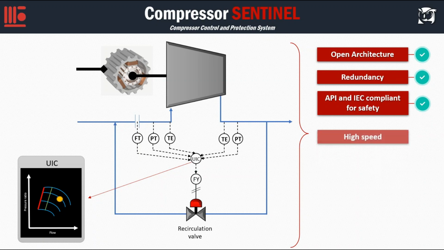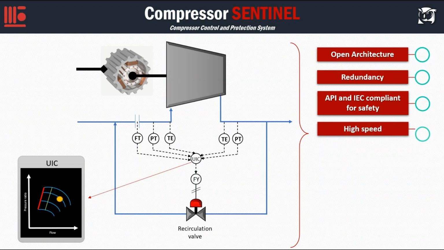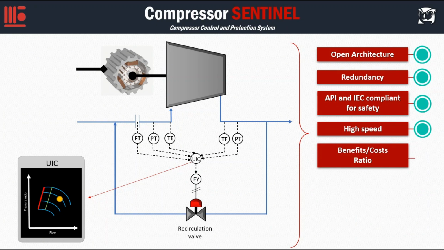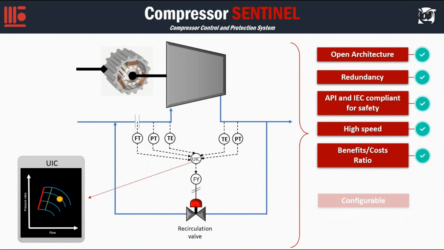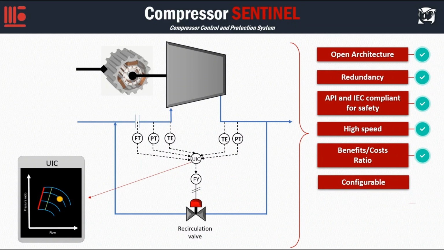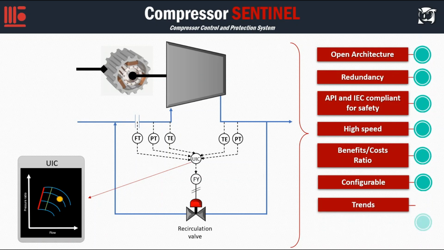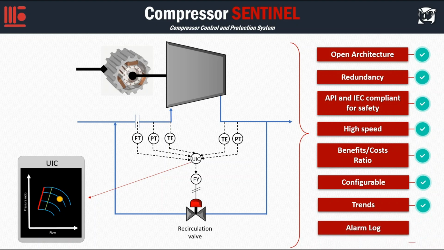High-speed control strategies, high benefit/cost ratio, easily configurable, with user control and security levels adaptable to the online and historical trend control to visualize the values of the controller's process variables and carry out behavior analysis, record of alarms and events to keep a detailed control of the alarms generated by the system and the commands sent by the operator.